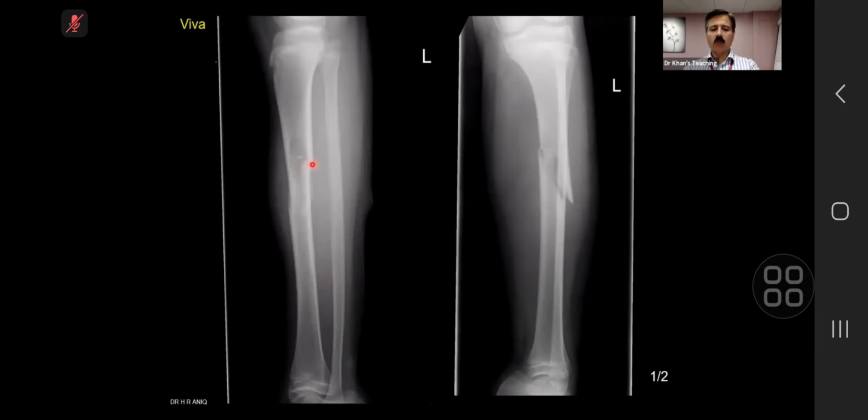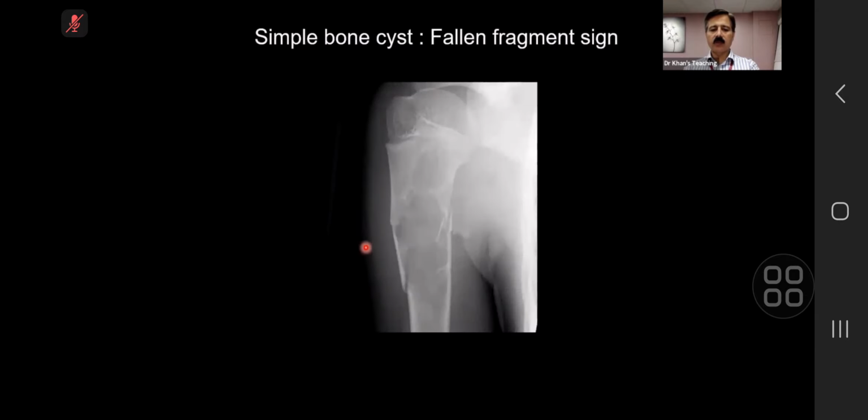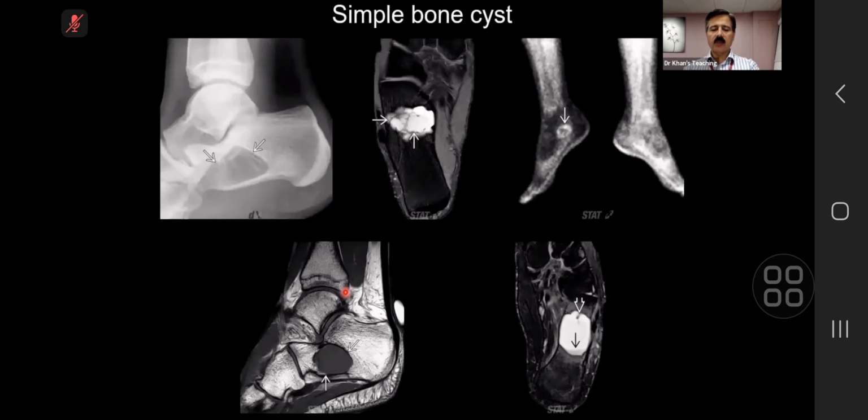Simple bone cyst with a fallen fragment sign. Another simple bone cyst with a fallen fragment sign. Okay, you remember that I told you that in your book, lesions specified in the calcaneum: in talus osteoblastoma, in calcaneum lipoma was given, and a simple bone cyst was given. So this is a simple bone cyst in the calcaneum.